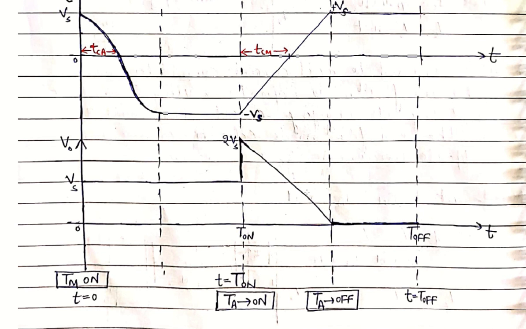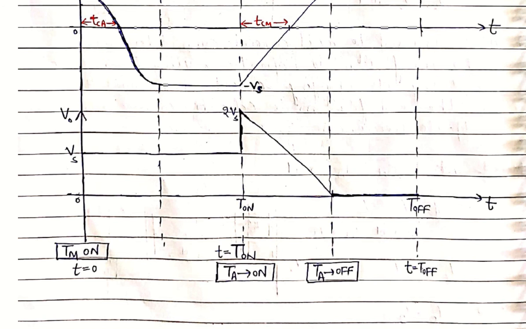And now the output voltage will be 0. Why 0? Because it is short circuited by the freewheeling diode. So this is the t_off time. At t equal to t_off, the freewheeling diode will be conducting, and then after this t_off comes the t_on time. So up to this point is the t_on time, and up to this time is the t_off time. Sorry, the whole time period is T, and it is the sum of t_on plus t_off.